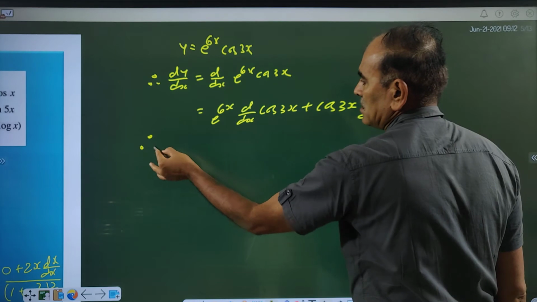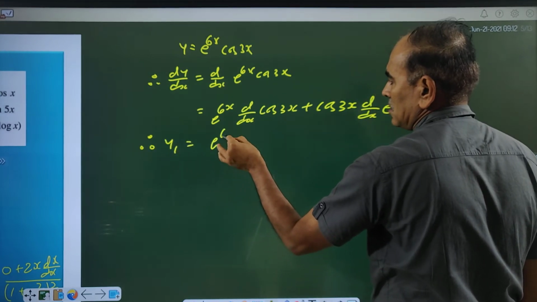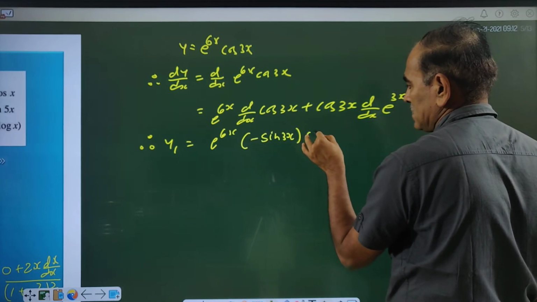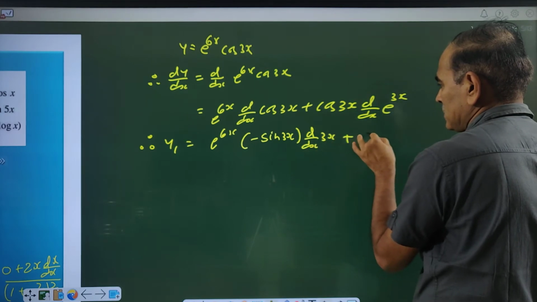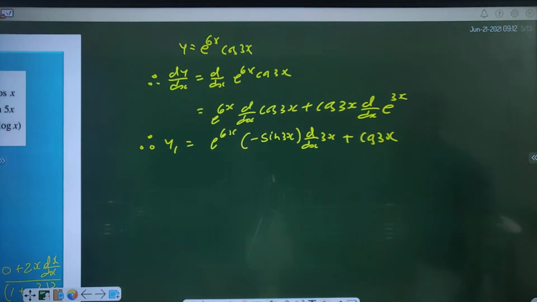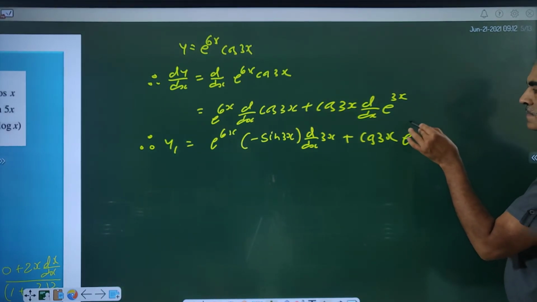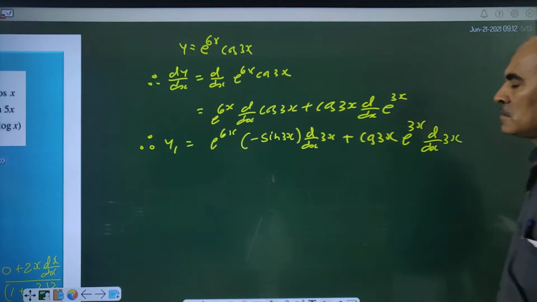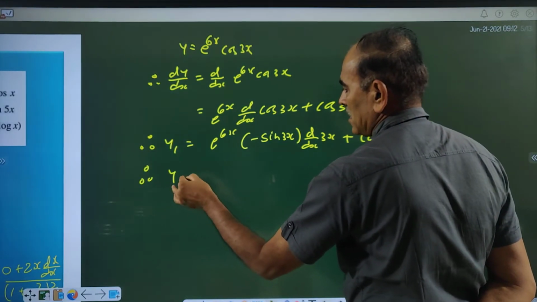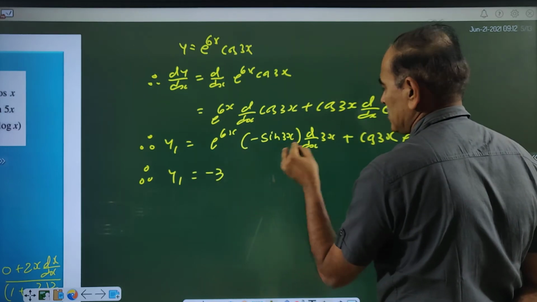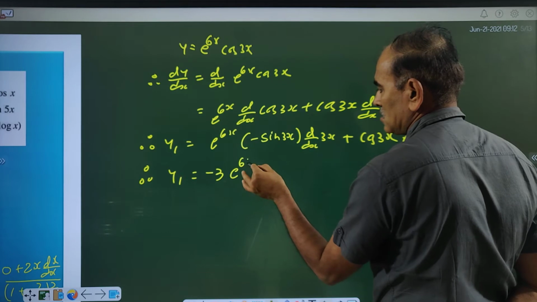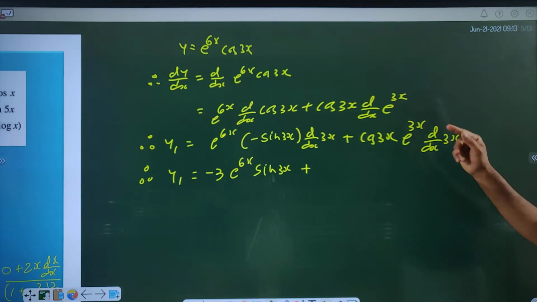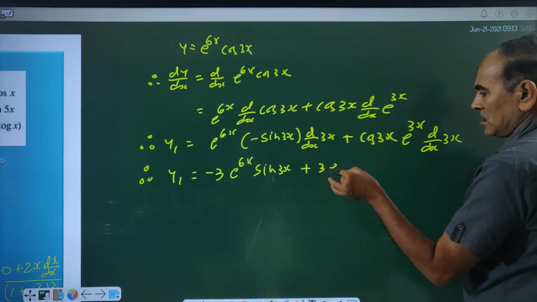So on the left-hand side, y1 is equal to e raised to 6x, minus sin of some function, d by dx of some function. Cos 3x is a function, e raised to some function, d by dx of some function. So y1 is equal to minus 3, that is, minus 3 e raised to 6x sin 3x, plus d by dx of e raised to 6x.